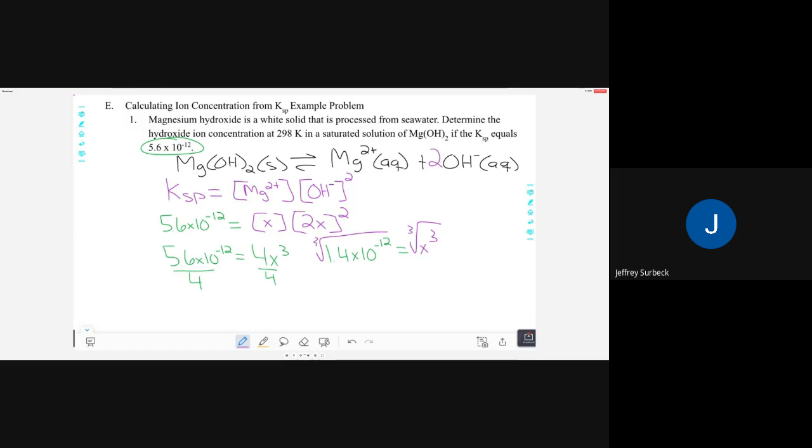You put 3, that x to the square root, and you put 1.4 times 10 to the negative 12. I would press enter and I get 1.12. Our x is 1.12 times 10 to the negative 4. Very good. And that is our mole per L again.